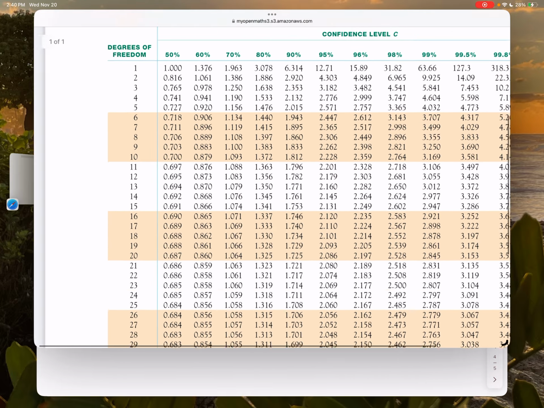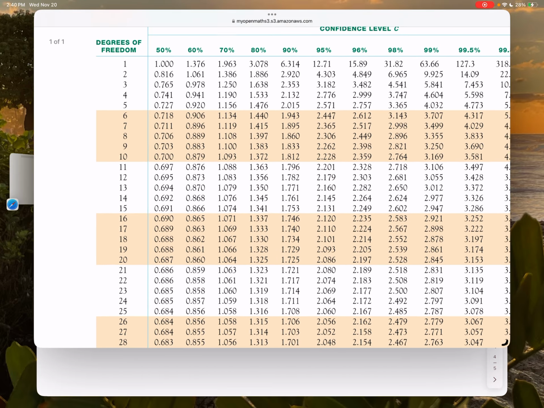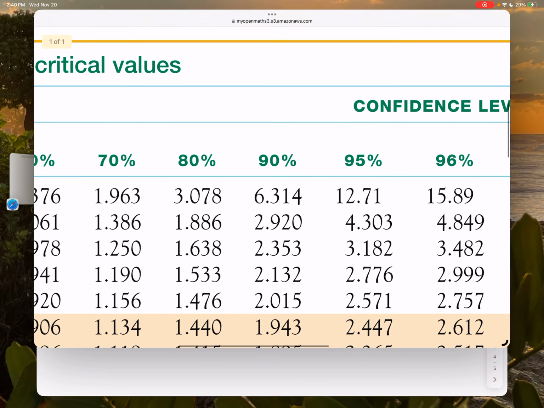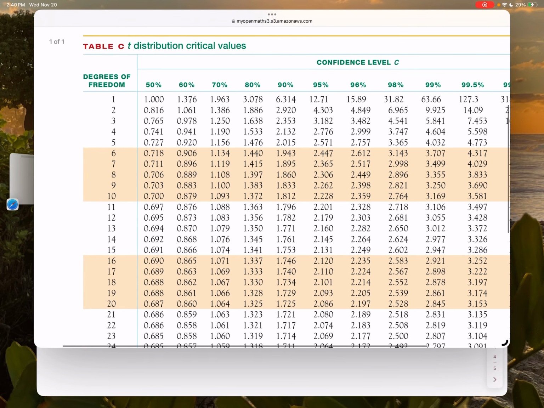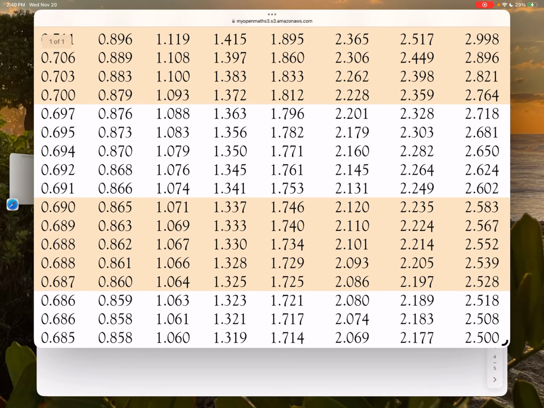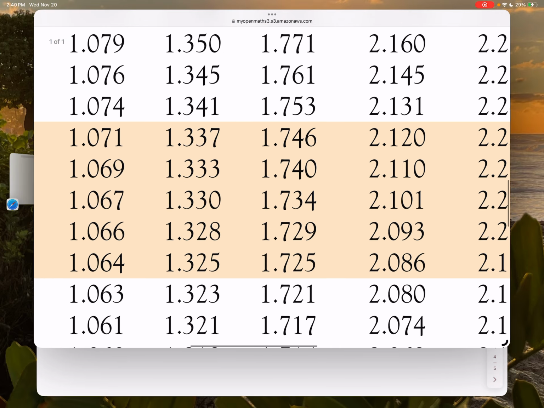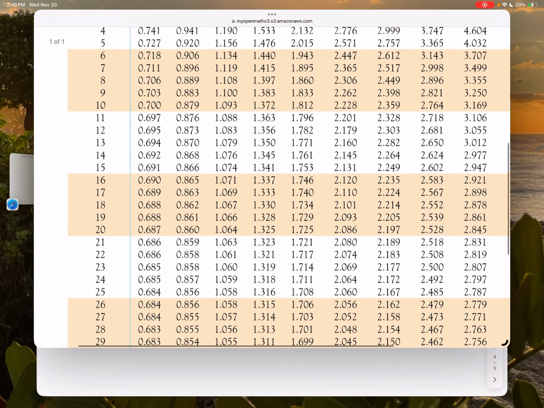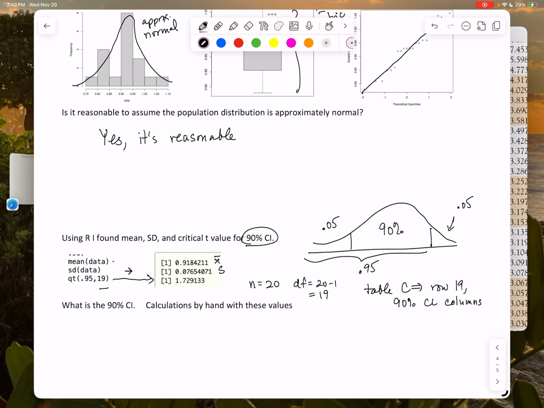I'm going to zoom back out. 90% is this column right here. If we look at where the 19 row and the 90% column meet, I see 1.729. So either way you want to do it, I don't care.